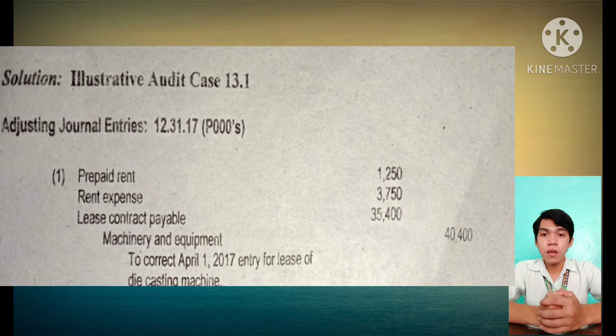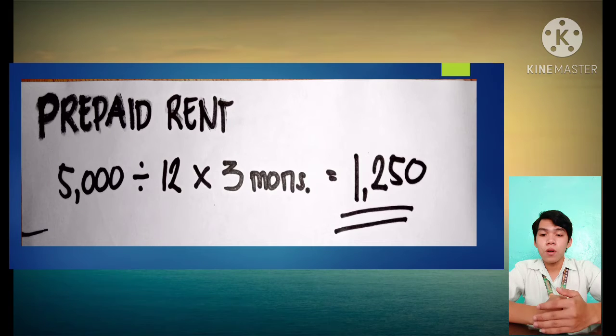So the remaining would be 3 months, because 12 months minus 9 months leaves 3 months unused from your advance of 5,000 for 1 year. To compute the prepaid rent, 5,000 divided by 12 months times 3 months remaining is equal to 1,250.